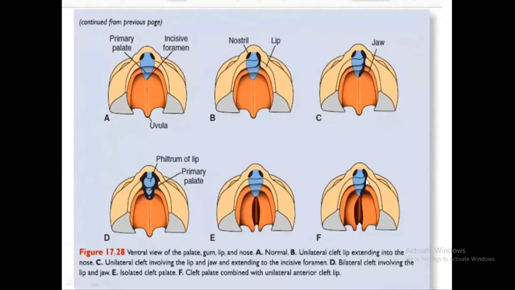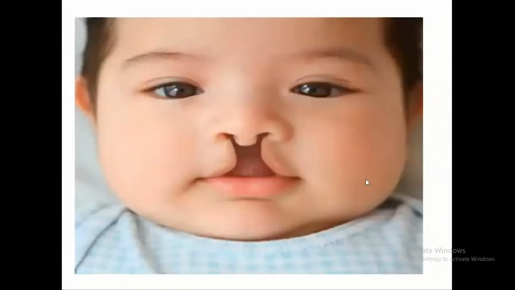Okay, so let's see some pictures and cases in order to have a better understanding. Okay, so look, this is unilateral cleft lip, while this is bilateral cleft lips, one on each side.